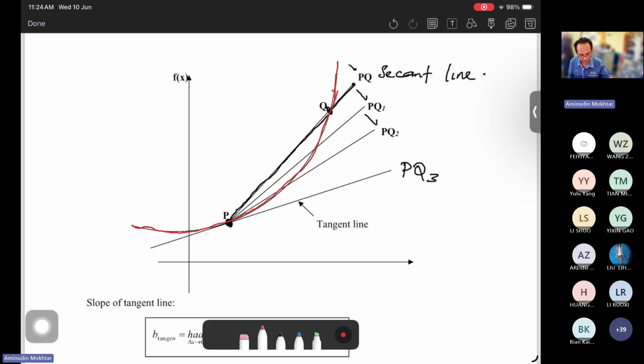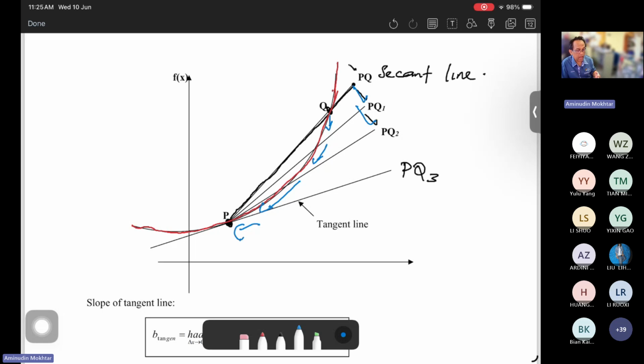Now let's assume that we want to move from Q to P. If Q moves along the curve and approaches P from the right, we can draw other secant lines, such as PQ1, PQ2, and so on.